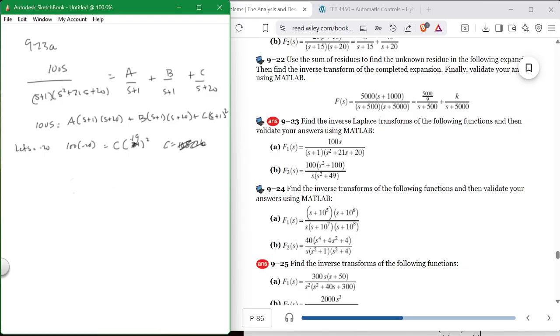I got a mistake in it here. 100 times minus 20 divided by... 100 times 20, 2,000. So it's 2,000.